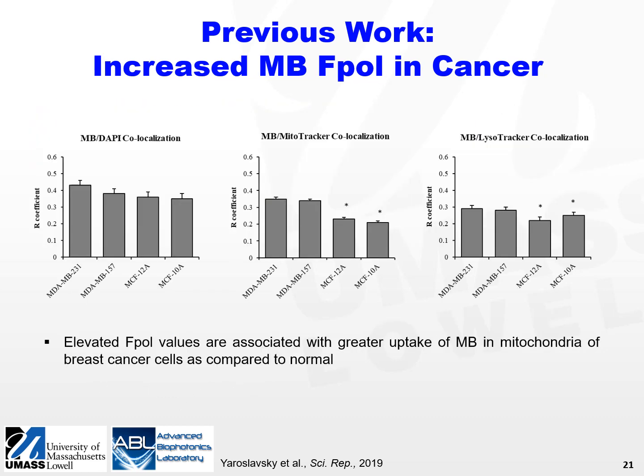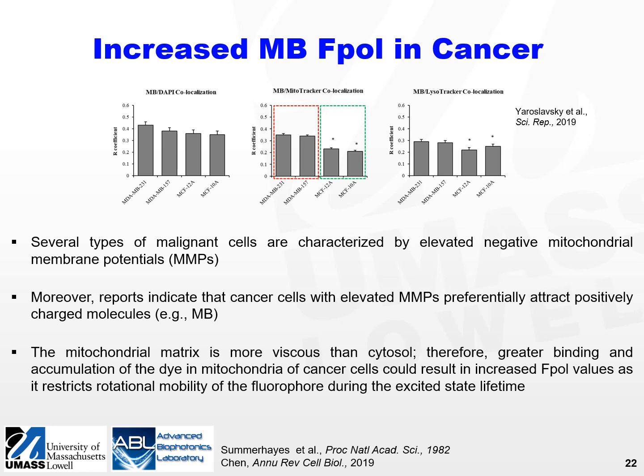It also demonstrated that elevated fluorescence polarization values are associated with greater uptake of the dye in the mitochondria of breast cancer cells as compared to normal. Several types of malignant cells, including breast and thyroid cancer cells, are characterized by elevated negative mitochondrial membrane potentials.